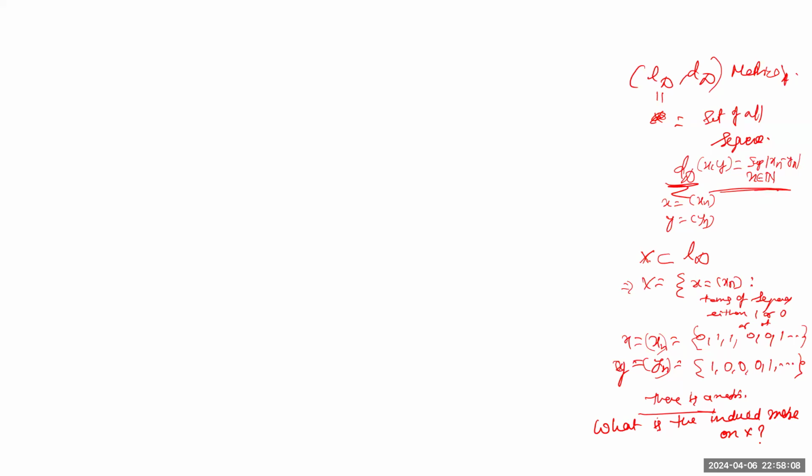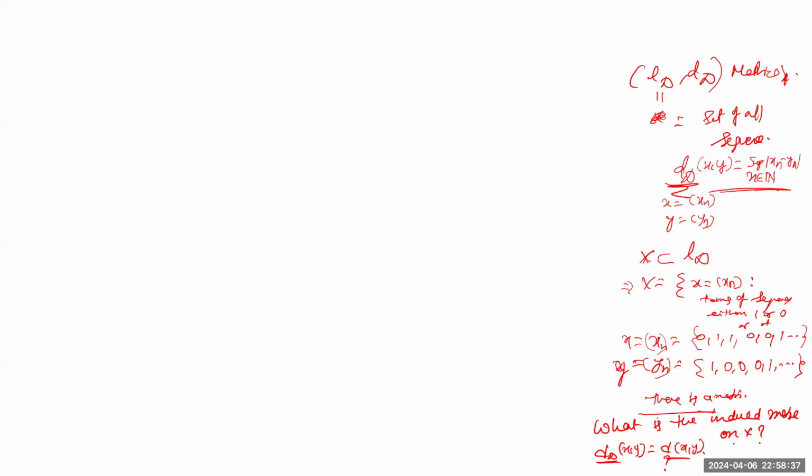So we will see. Let us take two elements. We know that d infinity of x comma y is equal to d of x comma y. What is the d here? What is the induced from this d infinity?